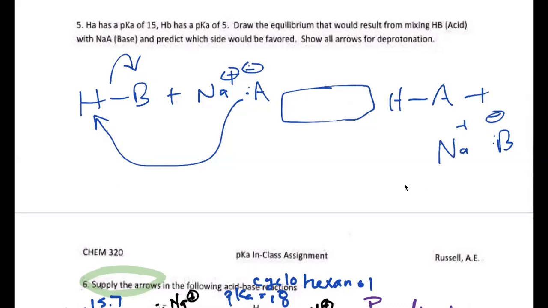All right. So what information do we have? We have the pKa for HA, don't we? Which is what? 15. The pKa of HA, good, is 15.